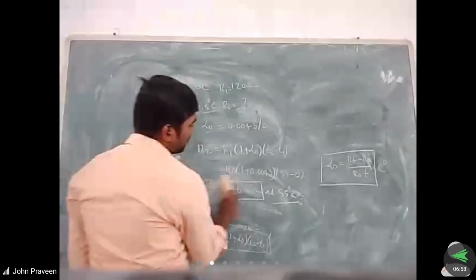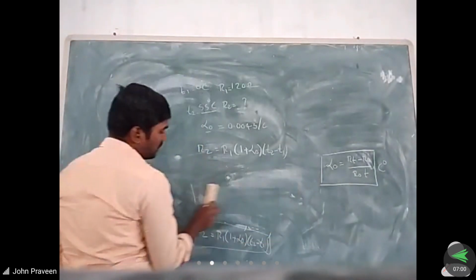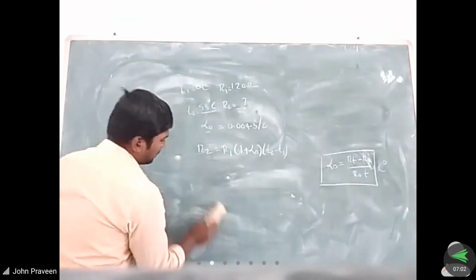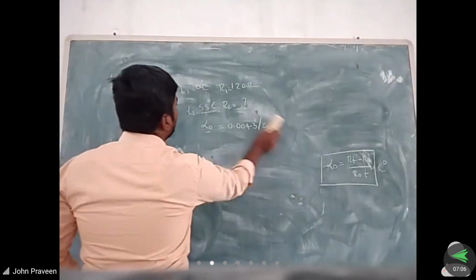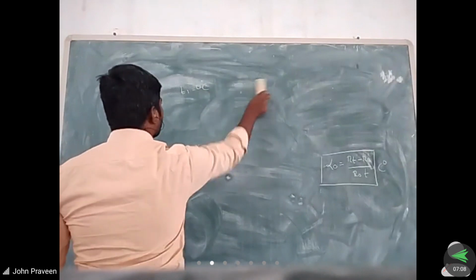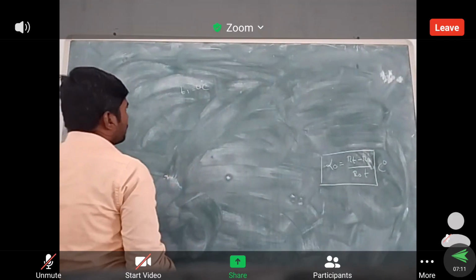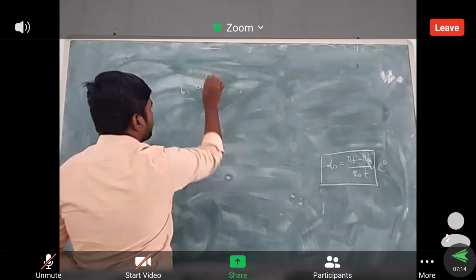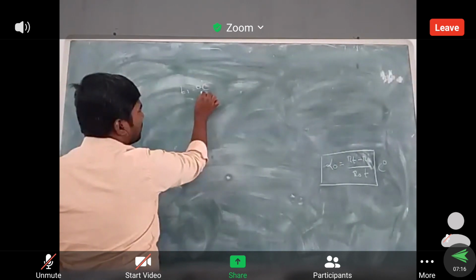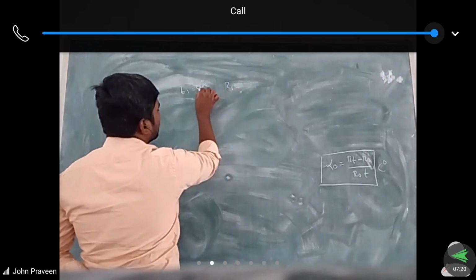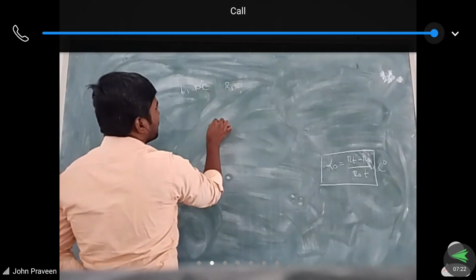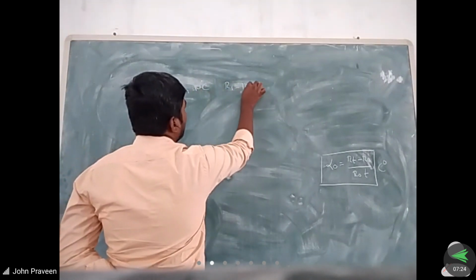Right. So I want to change the values. You can find the answer. A copper conductor having a resistance at 10 degrees centigrade of 10 ohms.